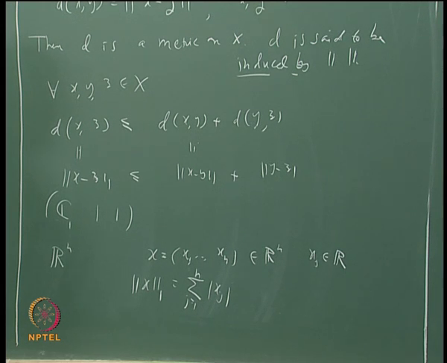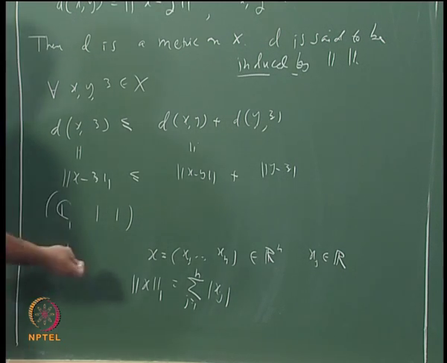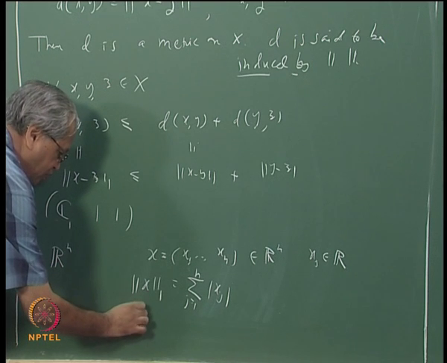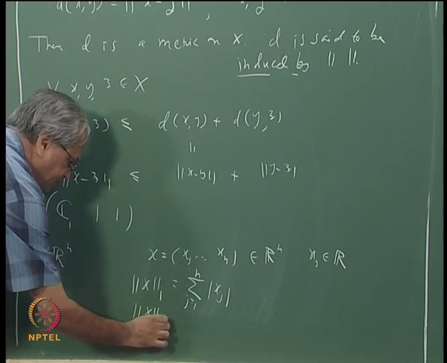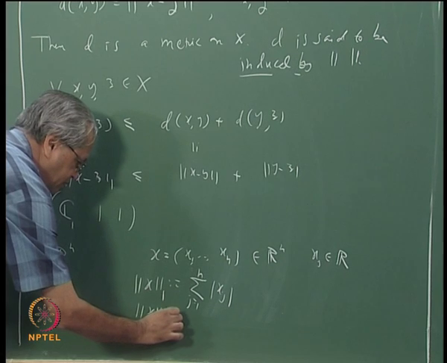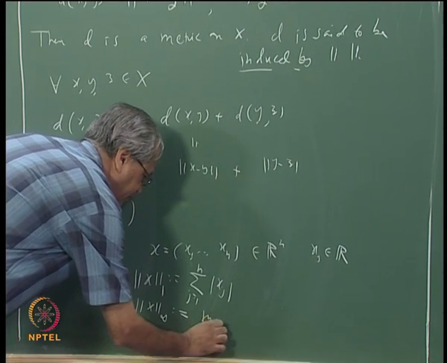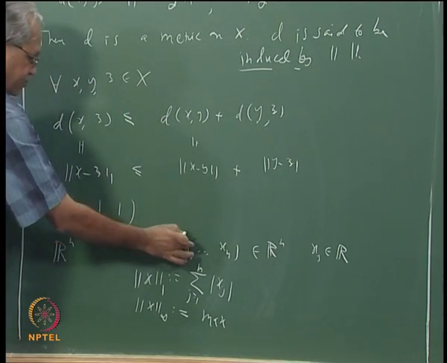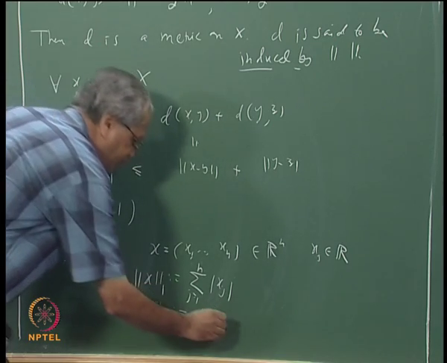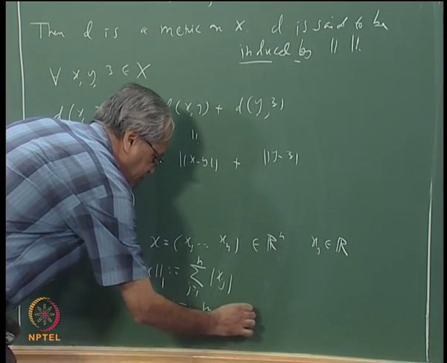In fact that is called the one norm or sometimes the L1 norm. Similarly there is norm suffix infinity. Instead of taking the sum of the absolute values, you take the maximum of the absolute values, the maximum of mod xj.